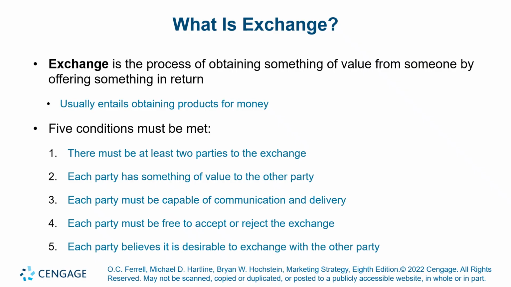They cannot be forced into the exchange. Fifth, each party believes it is desirable to exchange with the other party. The five conditions must be met for exchange to take place.